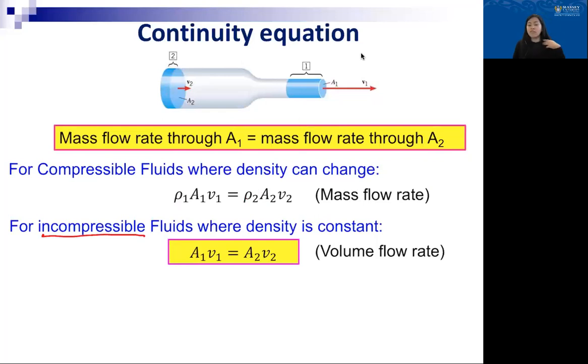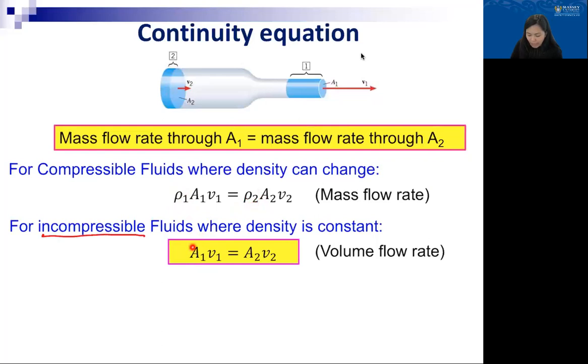When the density of the fluid is constant, we call them incompressible. And I think in this course, we will mostly deal with incompressible fluids. That means that the density is the same all throughout the flow. And therefore, the density on both sides of the continuity equation cancels each other out.